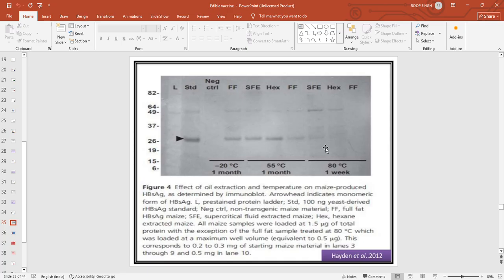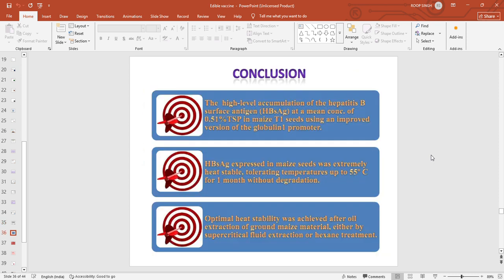But at 80 degrees it starts getting degraded here. So this is just to show that the protein expressed in the maize grain is highly stable at 55 degrees. So basically this vaccine can be stored for a longer period of time at room temperature.